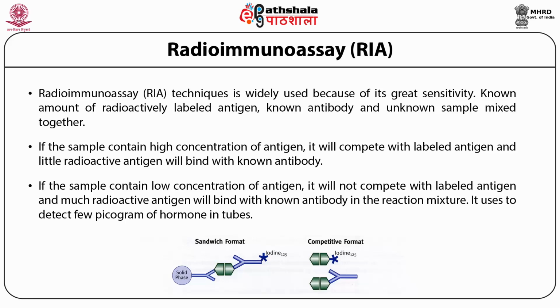Here again, if you make a competition between the unknown sample and the antigen antibody complex, the amount of label that comes out is directly proportional to the amount of antigen or antibody present in the serum. Even though this method was initially very powerful, because of the hazards of radioactivity it has been replaced by the enzyme assay, which is very easy to use.